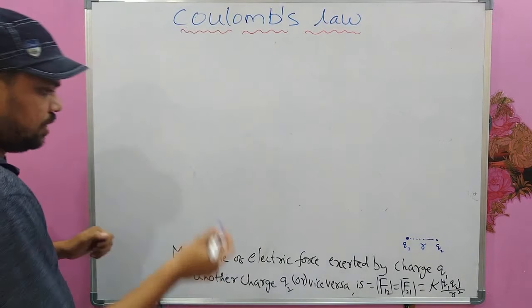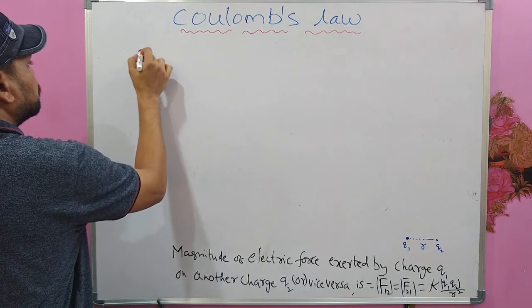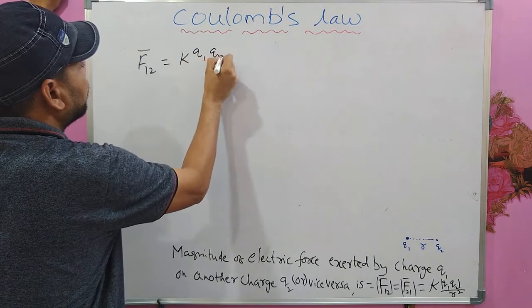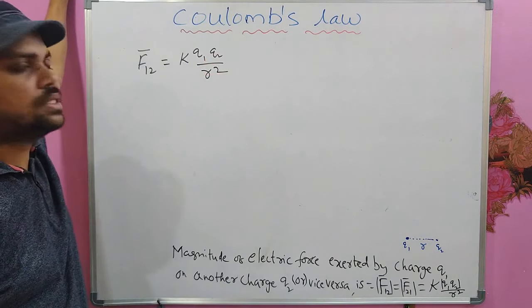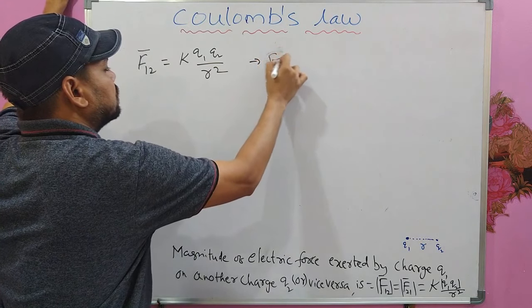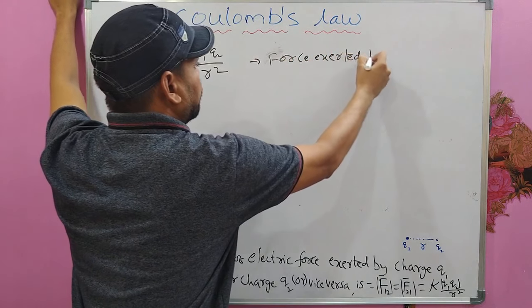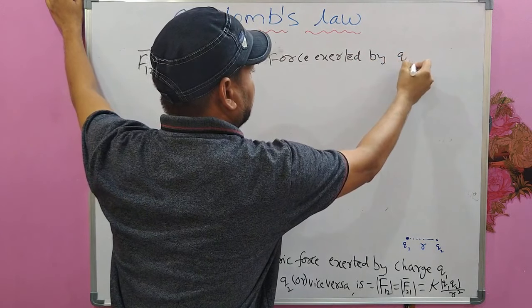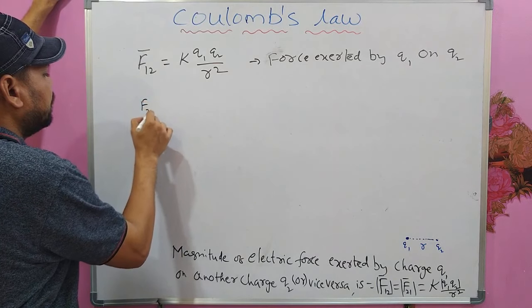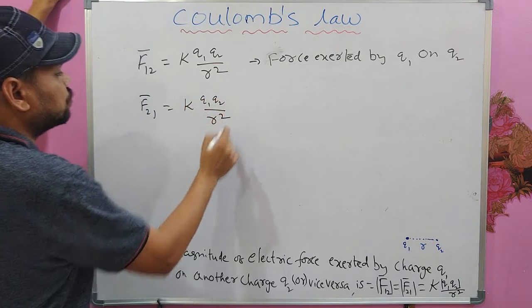In terms of direction also we can say that F12 will be equal to K Q1 Q2 by r square without modulus. What is this? Force exerted by Q1 on Q2, and F21 will be K Q1 Q2 by r square.